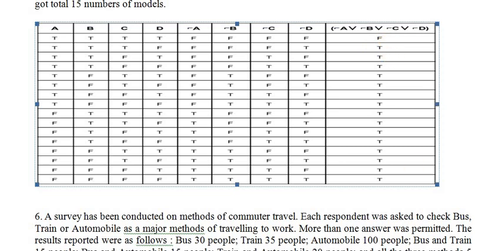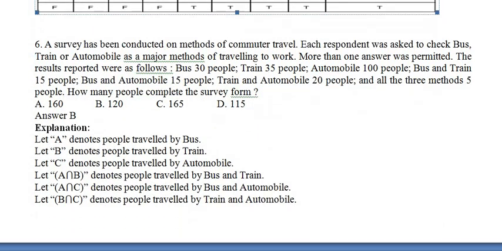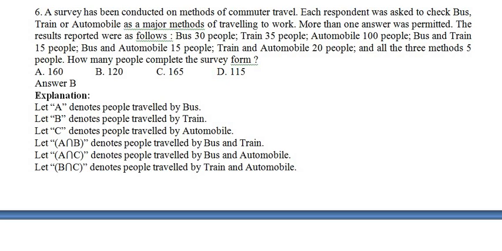Okay, so now we go for the next question. A survey has been conducted on the method of commuter travel. Each respondent was asked to check bus, train or automobile as a major method of traveling to work. More than one answer was permitted.